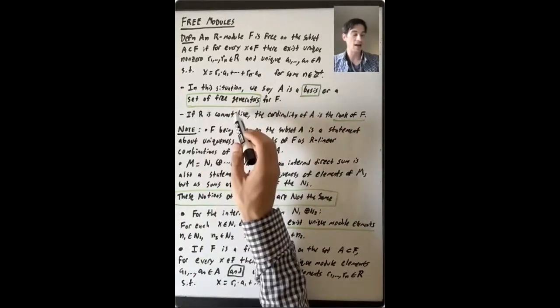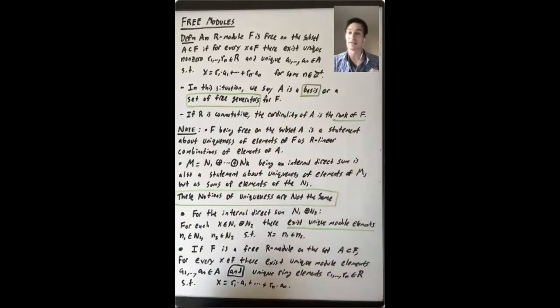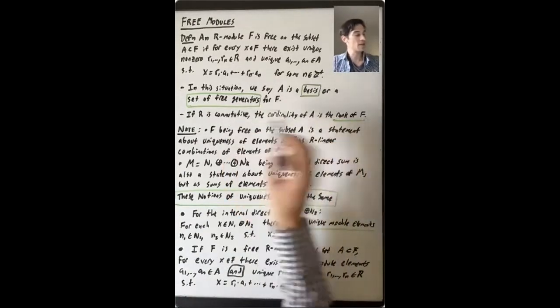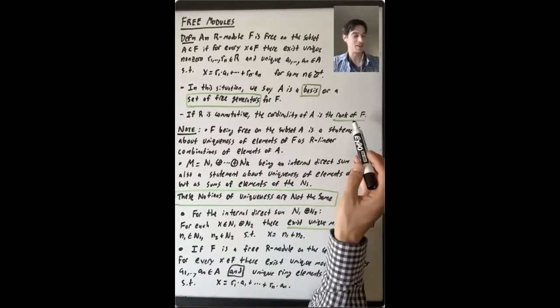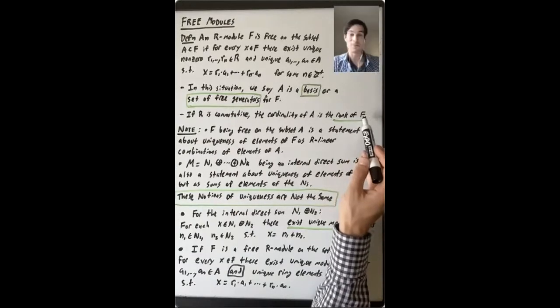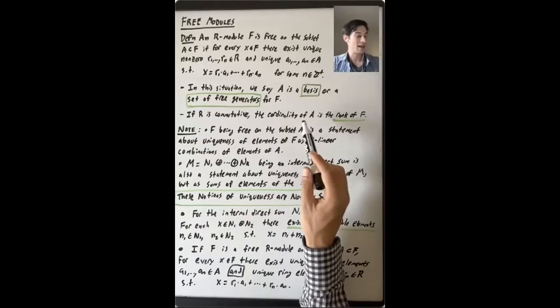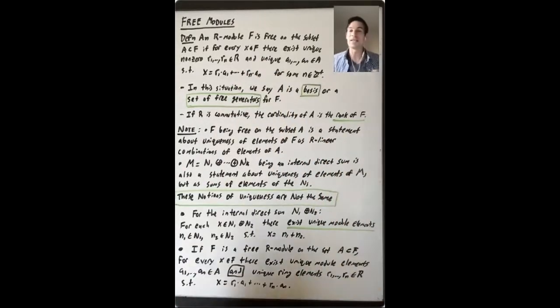If R is not commutative, this is more complicated, and this is something that's addressed in the exercises that I don't want to talk about. This definition would only be given here if this notion of the rank were actually well defined. We've seen that an R module can have many different sets of generators, and there are examples where you have R modules that have different sets of generators with different numbers of elements.